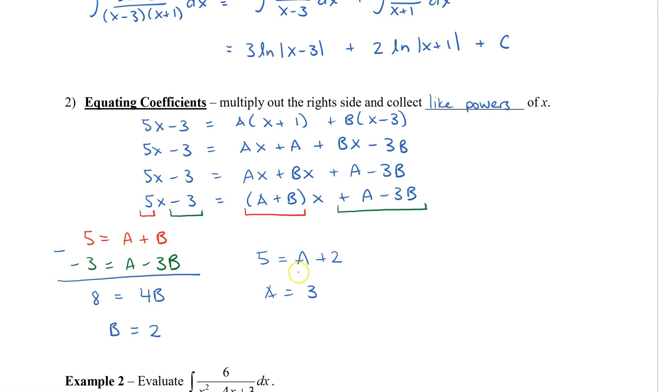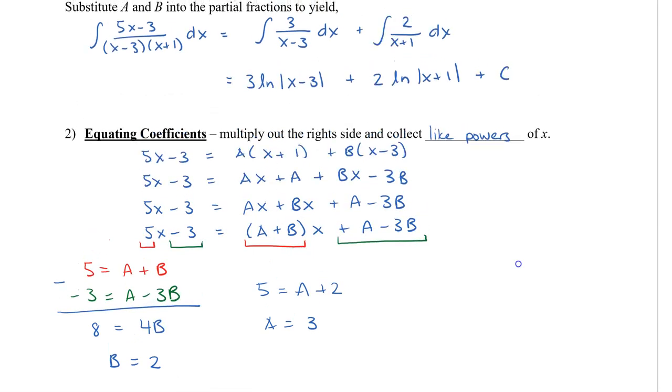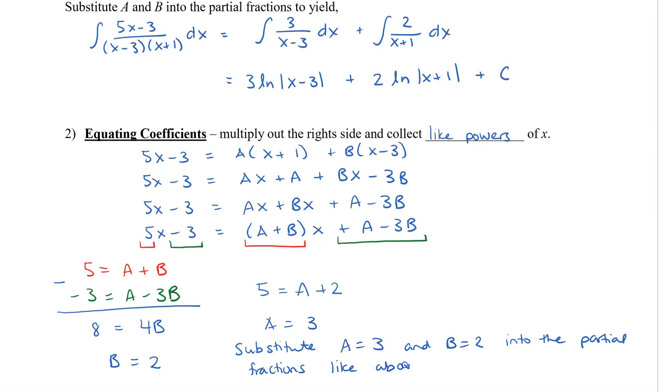Now I'm going to stop here because we can just go back to what we did earlier and substitute A equals 3 and B equals 2 into the partial fractions above, and then integrate.